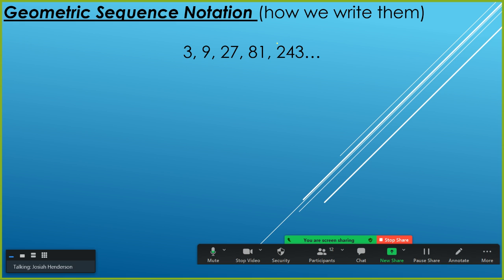I want you guys to try finding the ratio, the common ratio, r. Can you see what we're multiplying by to go from one term to the next? I think we're multiplying by 3. Tira, thank you. I think you're right. Let's double check. Once you see it for one section, make sure it works for the whole thing, just to be sure. 3 times 3 is 9.